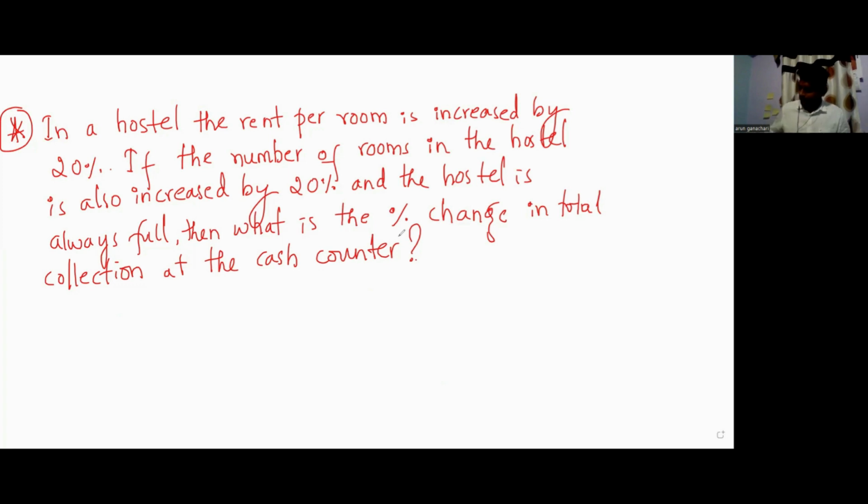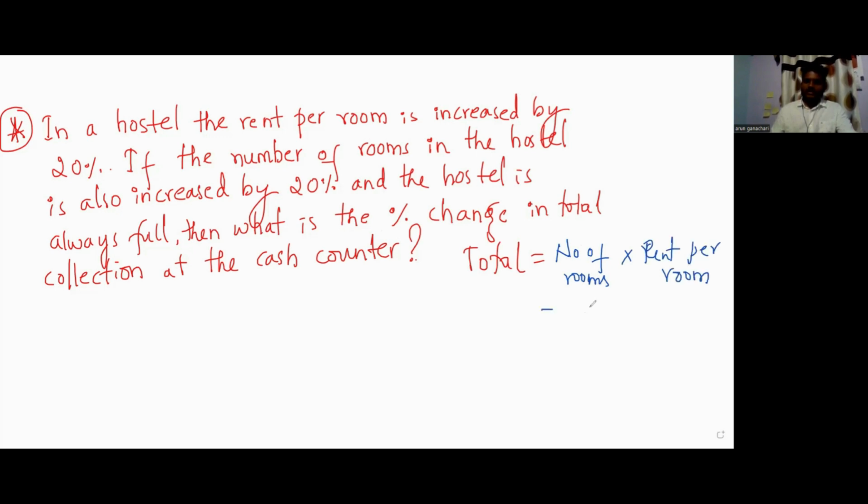How to solve this? If we wanted to calculate total money from something, let us say any hostel for that matter, how will you calculate the hostel rent? Number of rooms into rent per room. Yes or no?